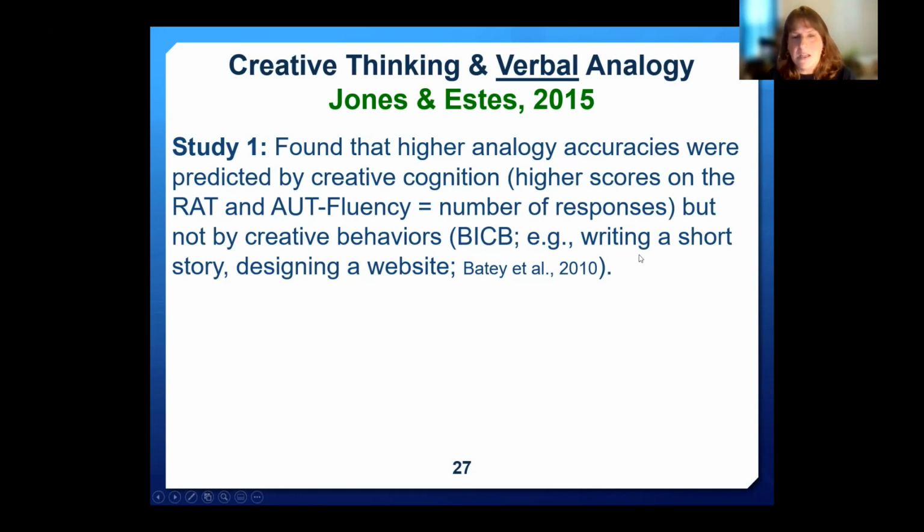But we also looked at the biographical inventory of creative behaviors and found that that had no relation to analogy. So it wasn't just being creative or doing creative things. It was the creative thinking in particular that was related to verbal analogy.